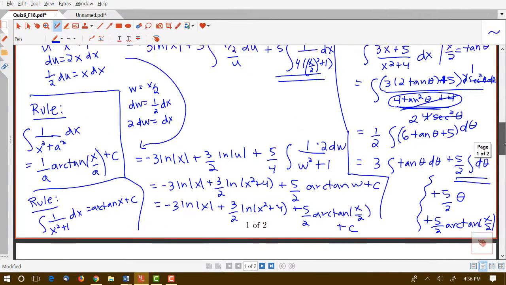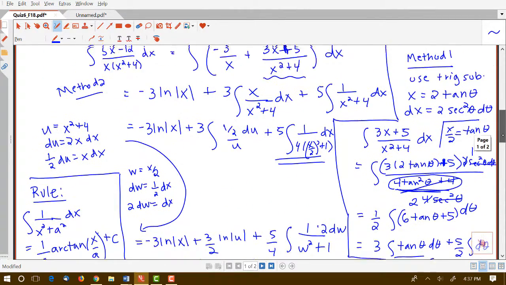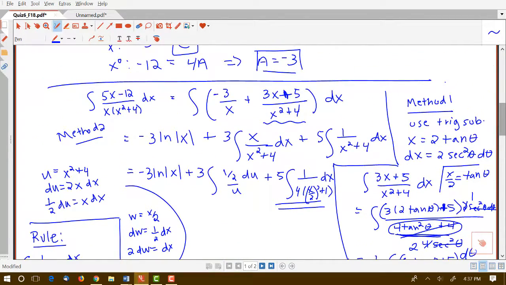Notice with the trig substitution over here I didn't quite finish, but this will be 3 log of the absolute value of secant theta for tangent. And this will be using the triangle here. All right, we can go ahead and finish it up. Notice that we have x over 2 is tan theta, so this is x over 2 if this is theta.